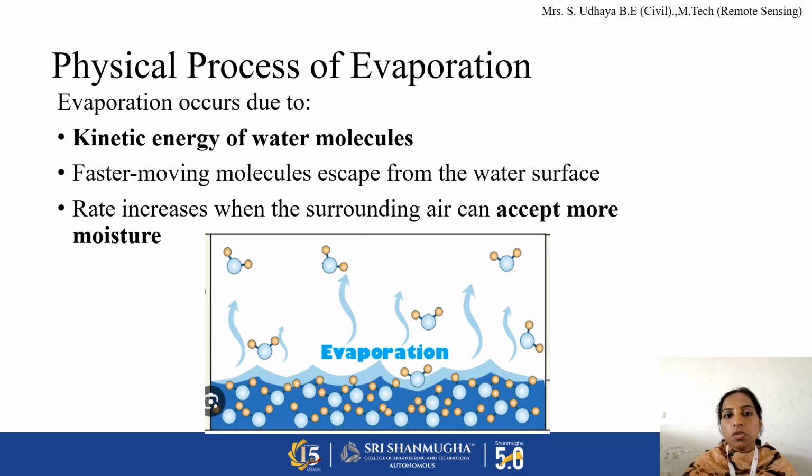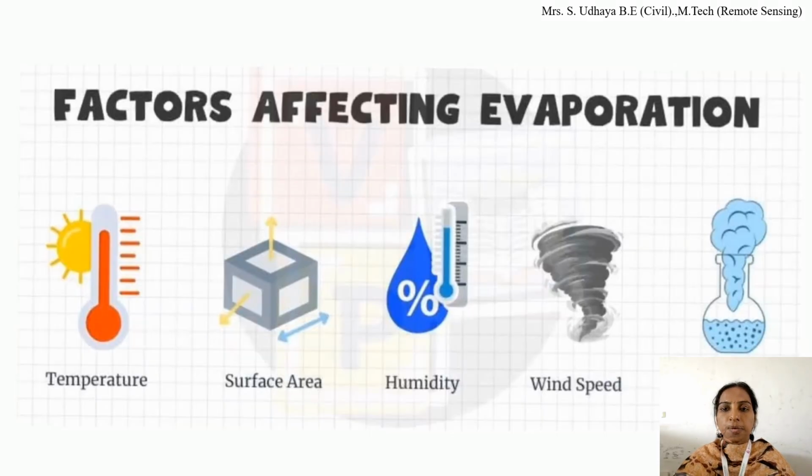The kinetic energy makes the water molecules move faster, and when they start moving faster, they start escaping from the water surface, so that we can visibly see the decrease in water level. That process is called evaporation. Evaporation rate increases when the surrounding air can accept more moisture.